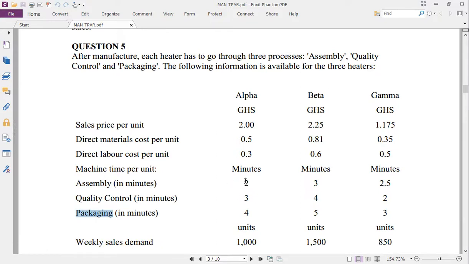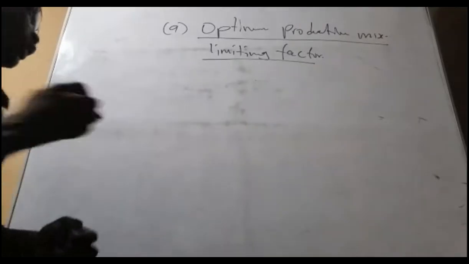So here they need 2 minutes. So if you want to assemble each unit of alpha, then they need what? 2 minutes to do that. 3 for beta, and 2.5 for gamma. So that is it. So these are the resources. So immediately when I get the resources, I'm going to write them here like this. So I'll start. I write the resources here.